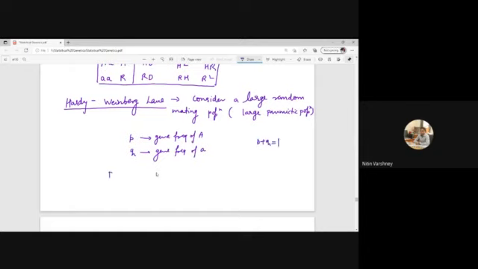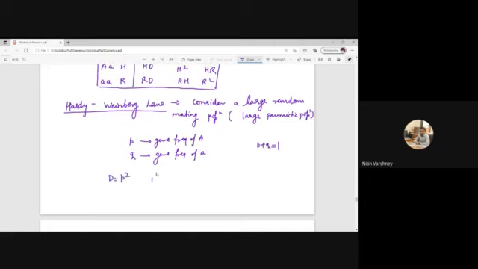Then I can write D is equal to P square, H is equal to 2PQ, and R is equal to Q square.